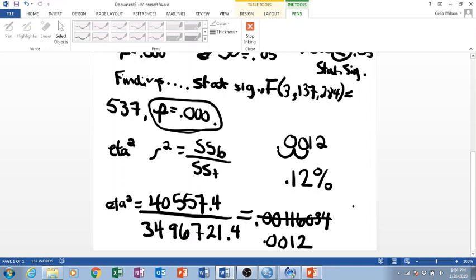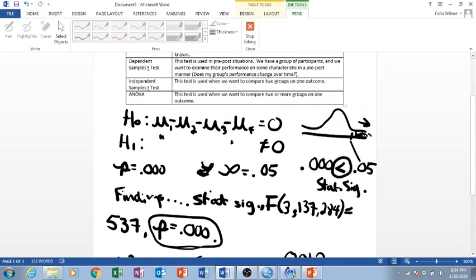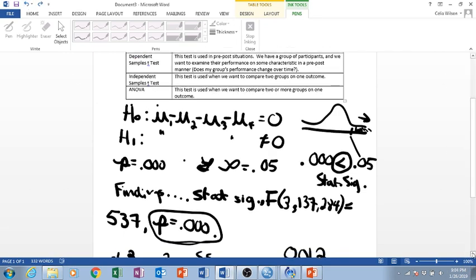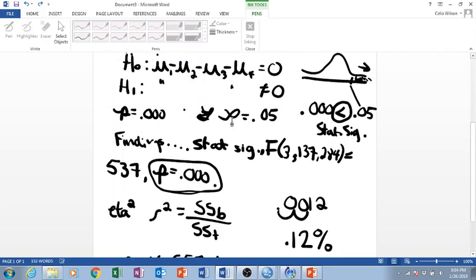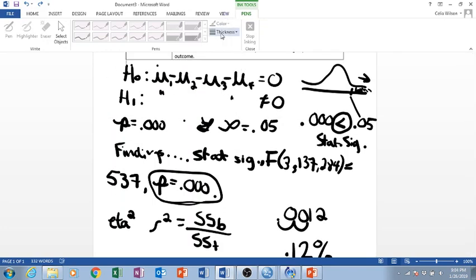So this finding means, I was trying to get a clean sheet here. Where's my cursor? I'll just write small. What this means is, in practical terms, I do not have it together. Okay.